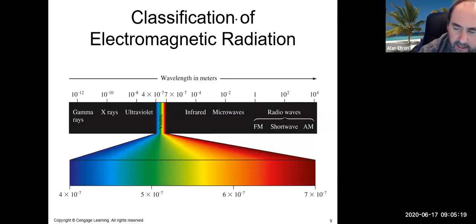So up on top here is our wavelength in meters, and on this end we have 10 to the 4, and on the other end we have 10 to the minus 12, and this end is a smaller wavelength. On this end is a longer wavelength.